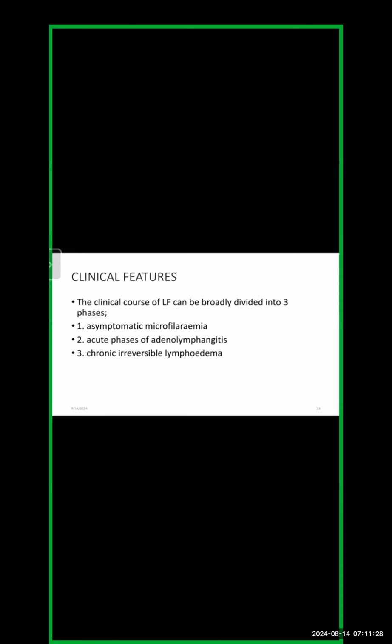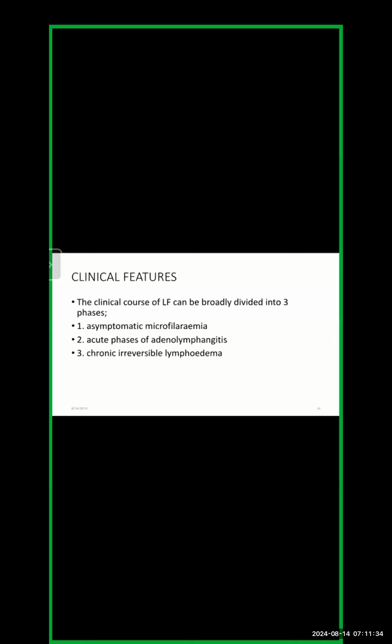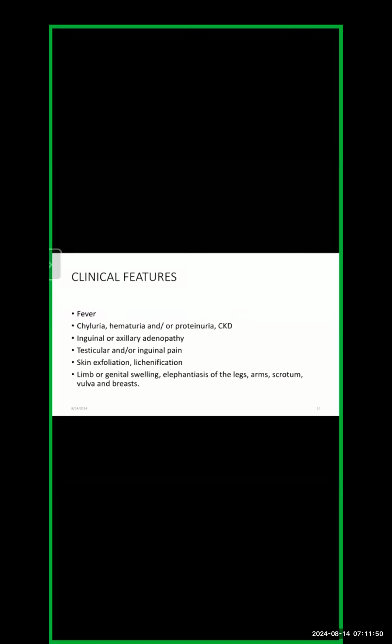So the clinical course is divided into 3: the asymptomatic microfilaremia stage, then the acute phase of adenolymphadenitis, then the chronic irreversible lymphoedema, which this index patient presented with. So these are the features.